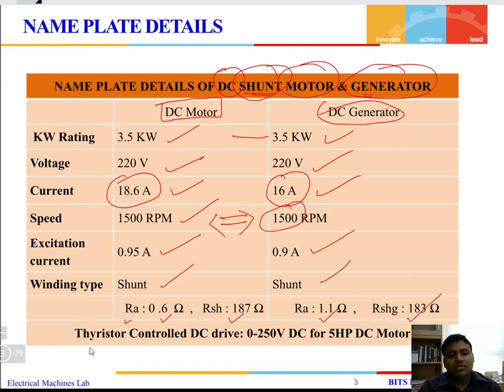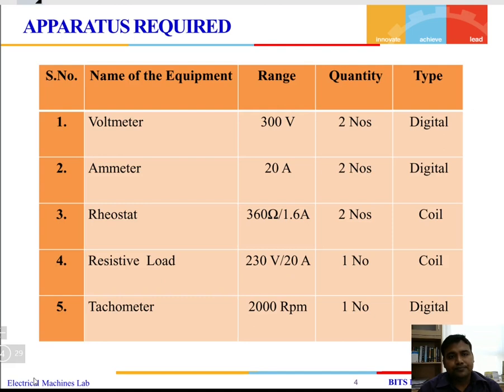Now for the DC supply we will be using a thyristor controlled DC drive, 0 to 50 volt DC, for a 5 horsepower DC motor. So we are producing the DC using a thyristor. Now let us look at the apparatus. We are using voltmeter, ammeter, rheostat, resistive load and tachometer. Everything will be digital, so we are going to use digital instruments.